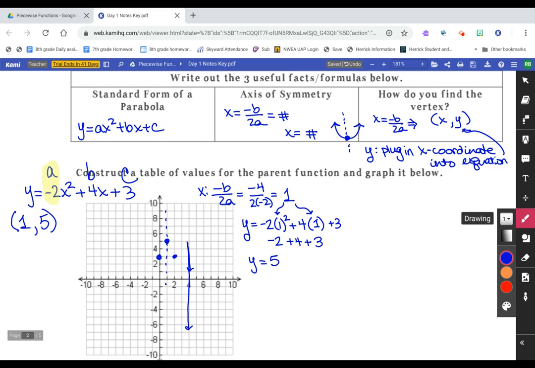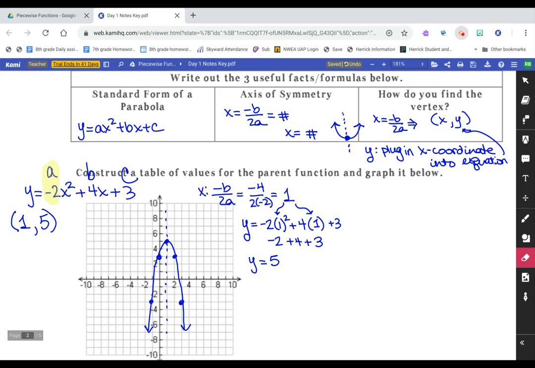We're going to go to the right 2, down 8. And that's actually right there. So then you can start to draw your parabola, and you'll have a symmetrical point on this side, and that would be the graph for that equation.